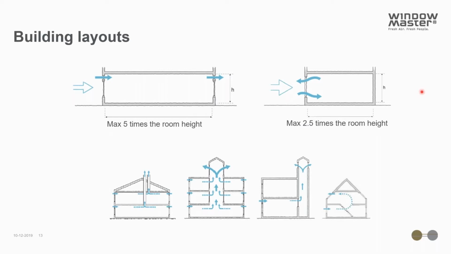And for a cross-ventilated space, the distance between the two openings on the opposing or adjacent facades should be maximum 5 times the room height. If you have buildings that don't comply with this, or if you just want a more efficient natural ventilation system, it can be very beneficial to think about a way to utilize thermal buoyancy in your building.